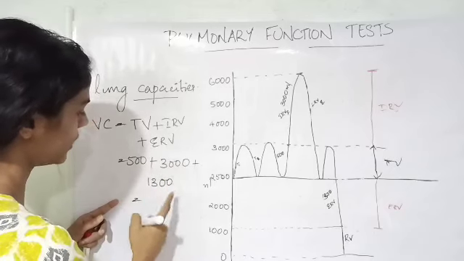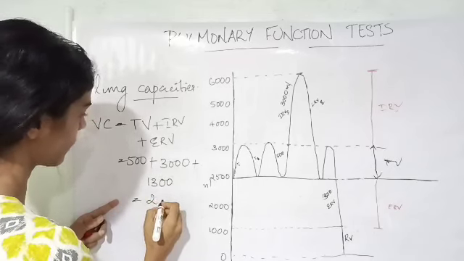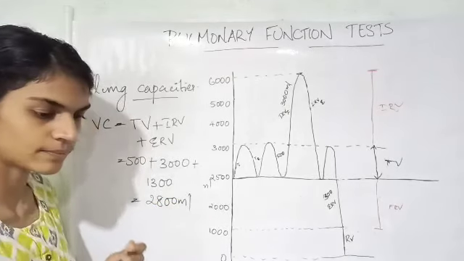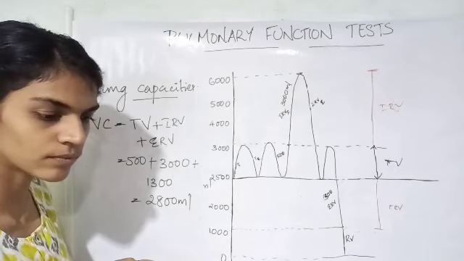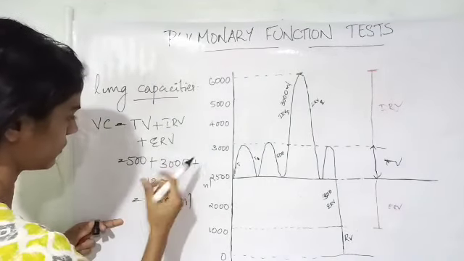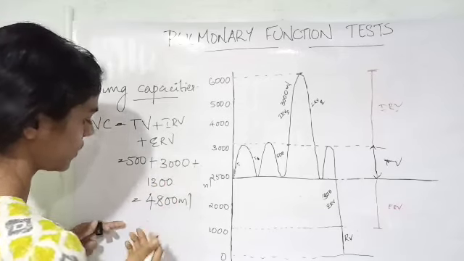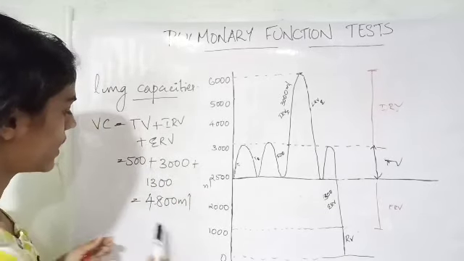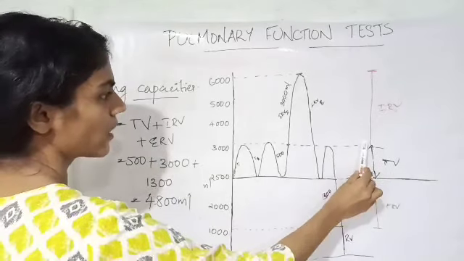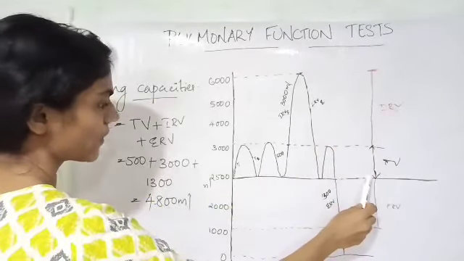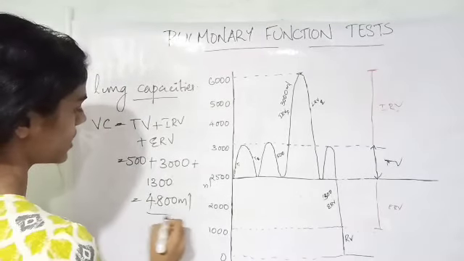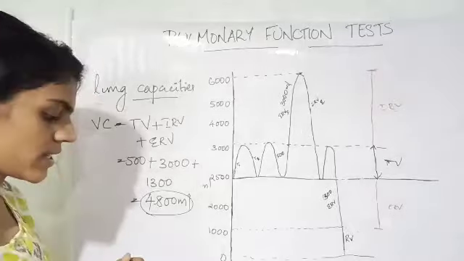So we'll get a total of 4800 ml. 500 plus 3,000 plus 1,300 gives 4,800 ml, that is vital capacity.